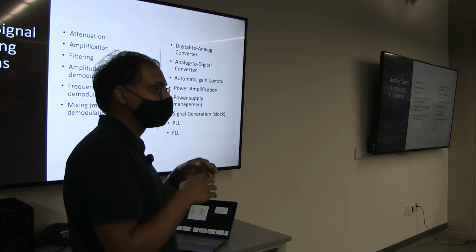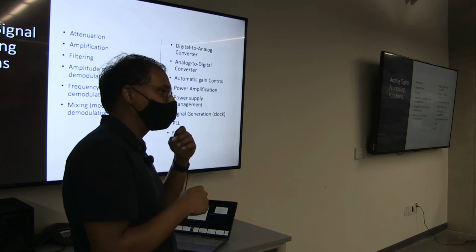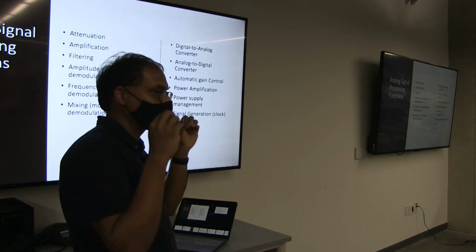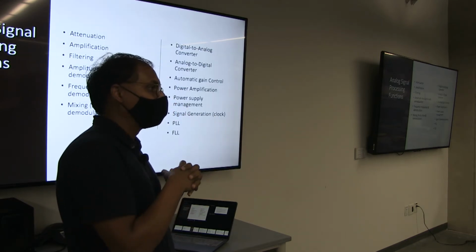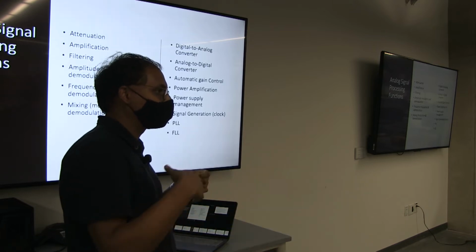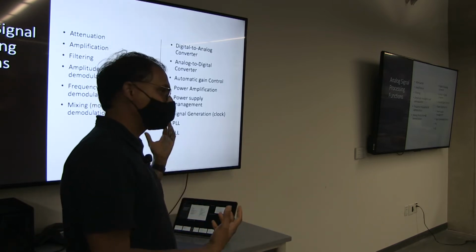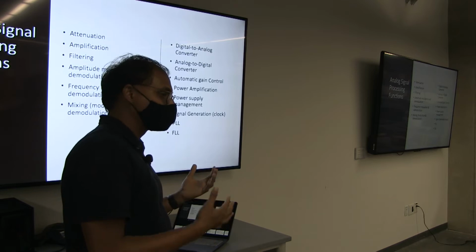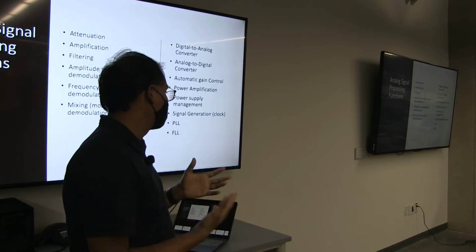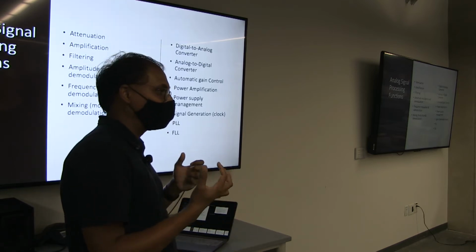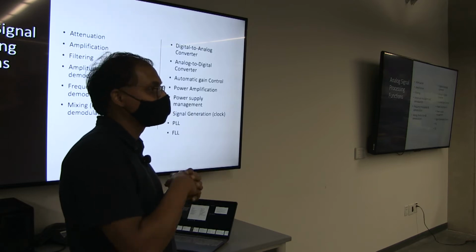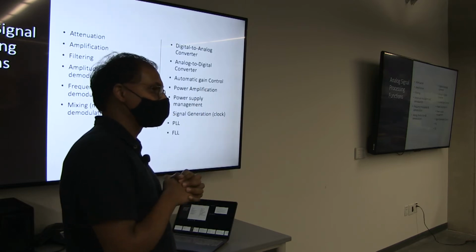Say you have a crystal at 10 megahertz, which gives you a very clean clock, and we want to generate a 2 gigahertz clock, then we'll be using PLLs and FLLs to translate it based on the phase noise and other requirements given by the system level specifications.